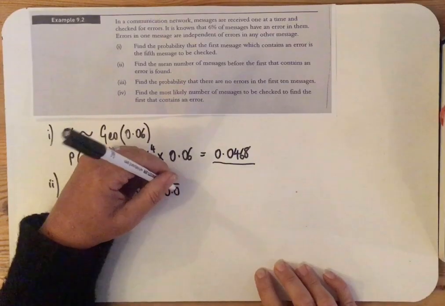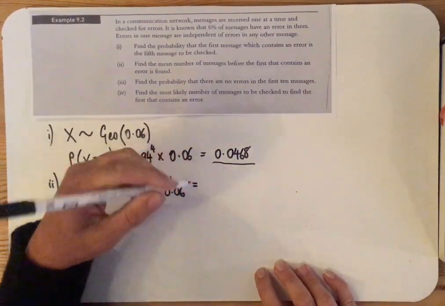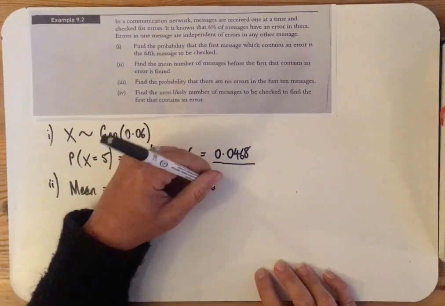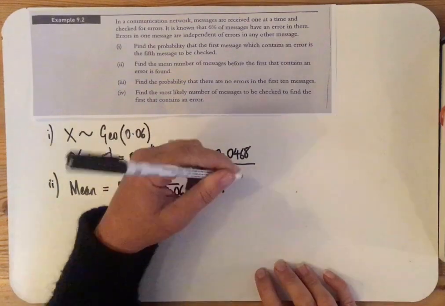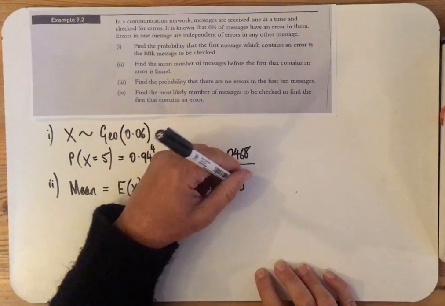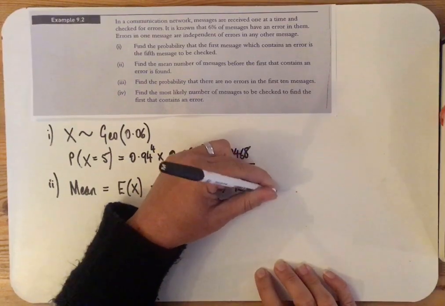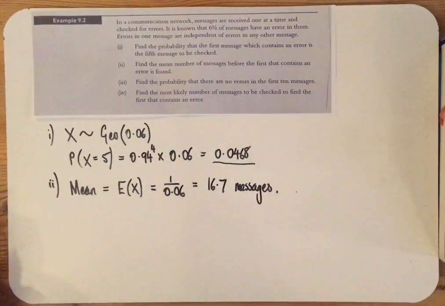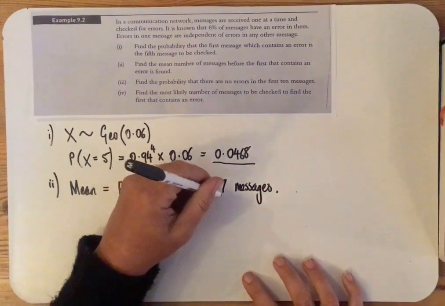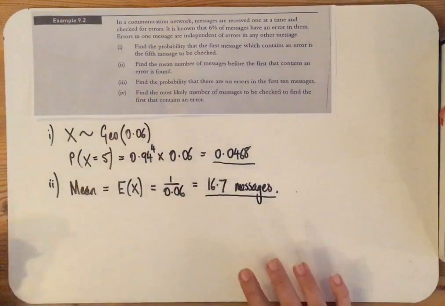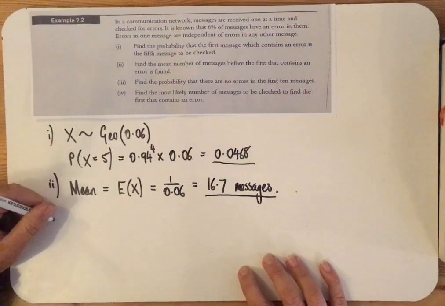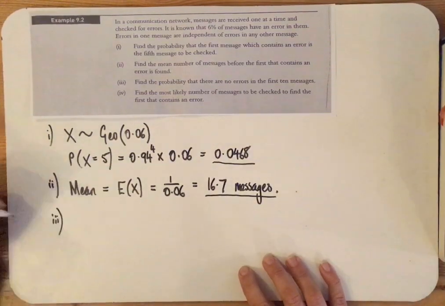So it's 1 over 0.06. And you get 16.7 messages. So 3 sig fig, so it's a technical term, so it can have decimals.